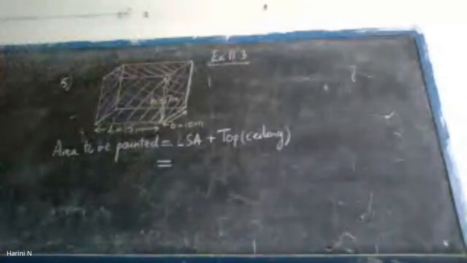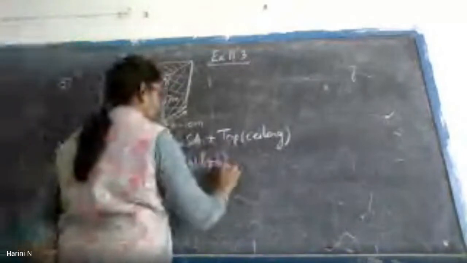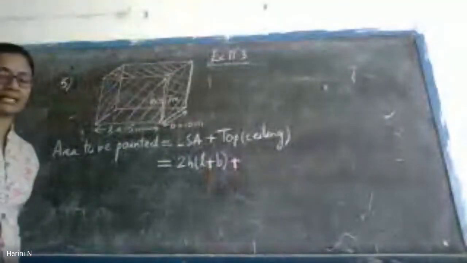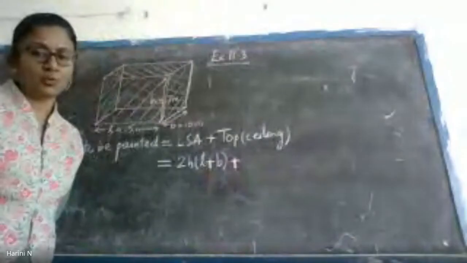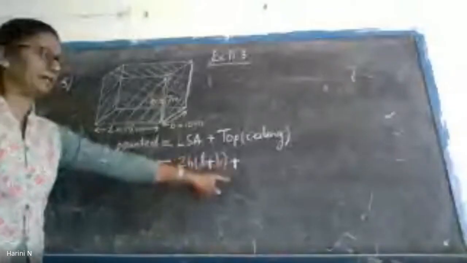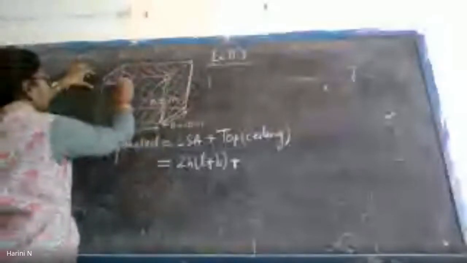Lateral surface area of cuboid is 2h into L plus B. Is it there? Correct or not? 2h times L plus B is the lateral surface area of a cuboid. Yes, ma'am. Then the top: this is the length and this is the breadth.